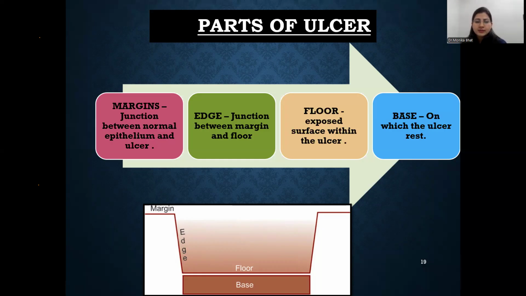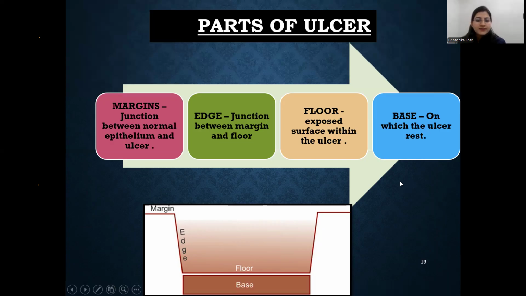Like rodent ulcers, and deep-seated ulcers as we see in the endophytic growths of carcinomas. So basically, we need to know what kind of margin, edge, floor or base the ulcer has, whether it is hard or rubbery, and evaluate all those parts of an ulcer to reach a definitive diagnosis.